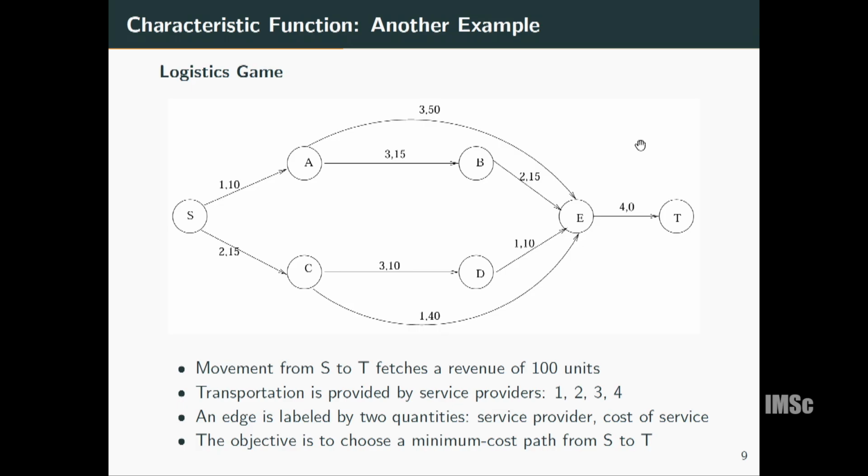So, every other coalition which does not have 4 will be 0. Secondly, 3, yes. What does that 4, 0 mean there? So, it is fourth service provider with cost of 0, he is giving the service free. Okay. Not free, but it costs him 0, right? It costs him 0, yes. It is free, why would he? No, it costs him 0, yes, because you will give something to him, he is the most important person.